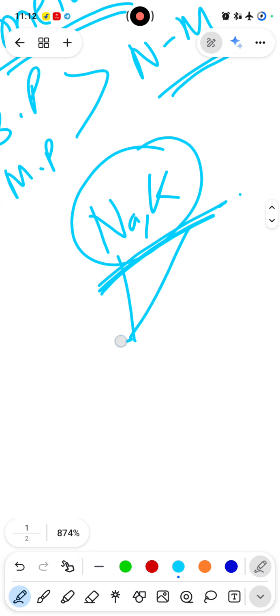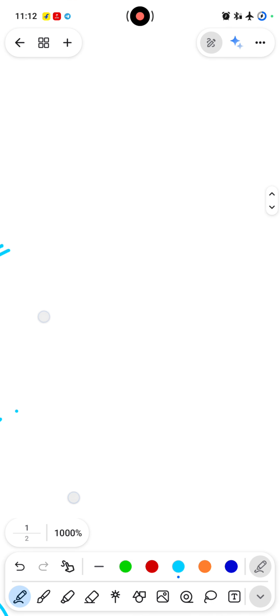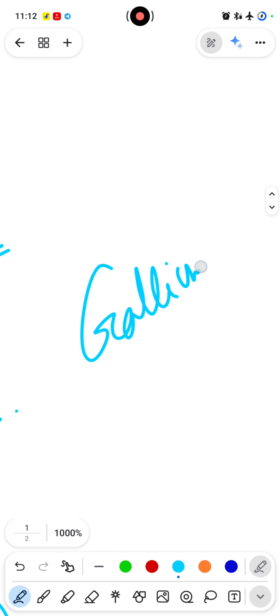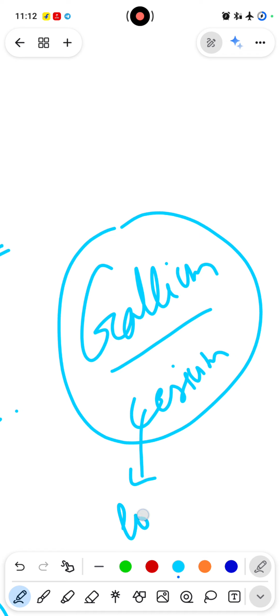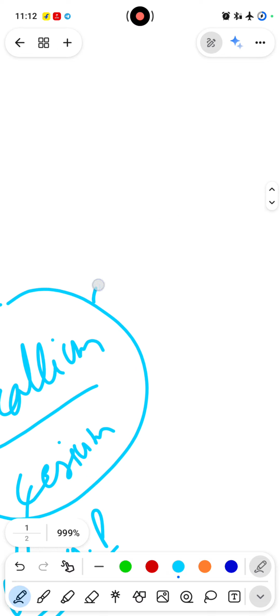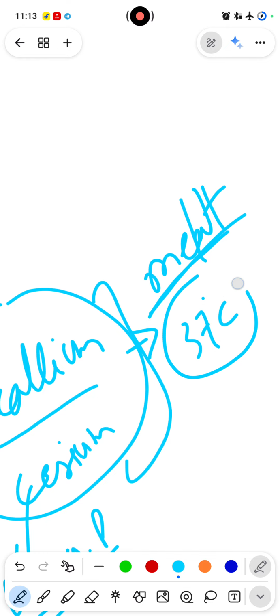For example, their melting points are 98 degrees Celsius and 64 degrees Celsius respectively. Other metals like gallium and cesium also have low melting points. Even they melt at our body temperature, that is almost 37 degrees Celsius.